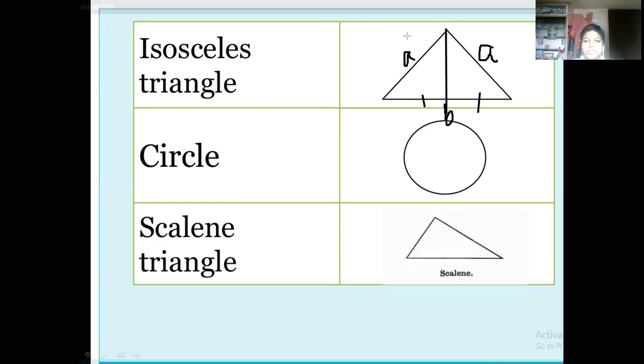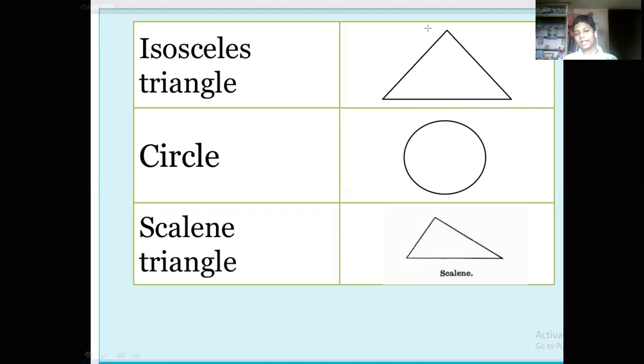If you draw like this, this part is A and these two will be equal, that is no problem. But this part is B, and A is not equal to B. So this line is not a line of symmetry. If we draw like this also, it's no line of symmetry.